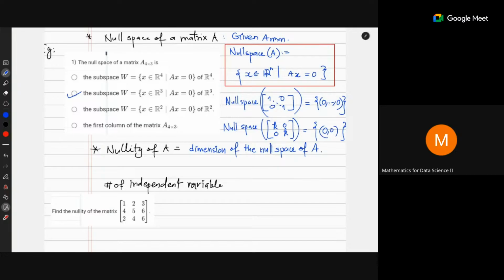Now, what is the nullity in each of the cases? It is 0, because the null space contains a single vector. So the nullity in our examples is 0.